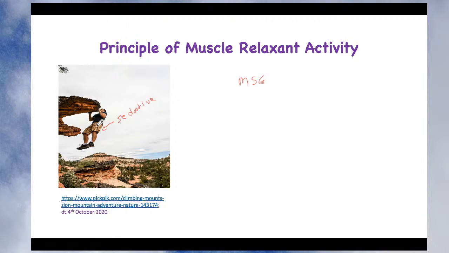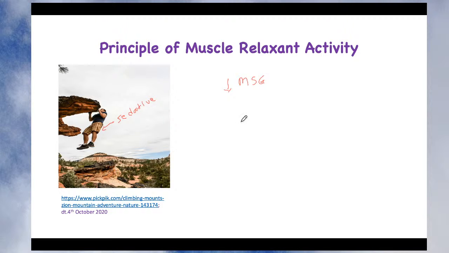As there is inhibition of the central nervous system produced by sedative and hypnotics, slowly there will be a decrease in muscle grip strength. The moment there is a decrease in muscle grip strength, he will not be able to cling to this hill for more time and he will fall down into the well.